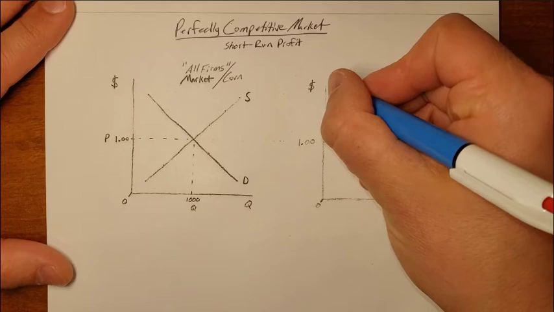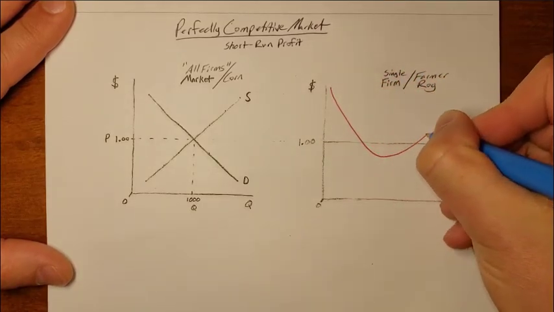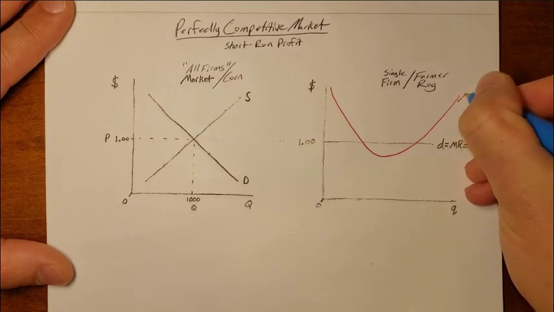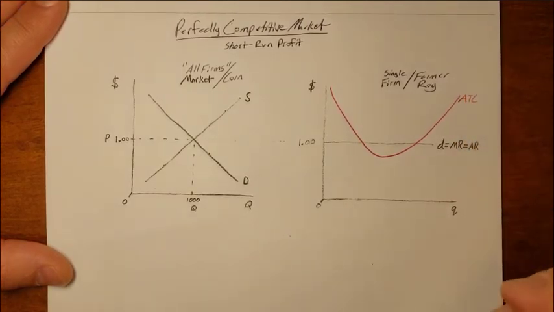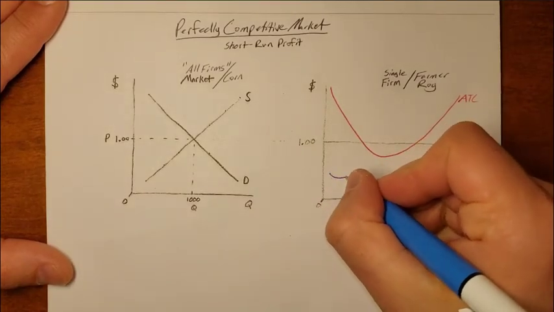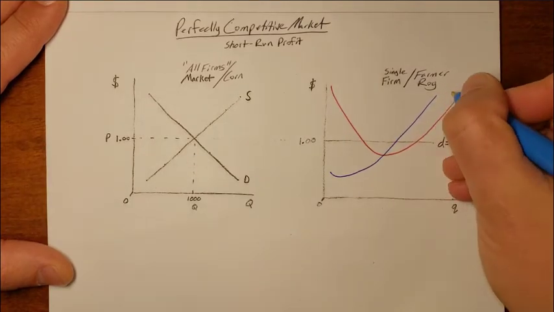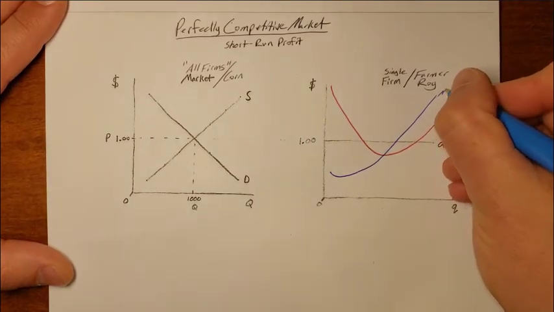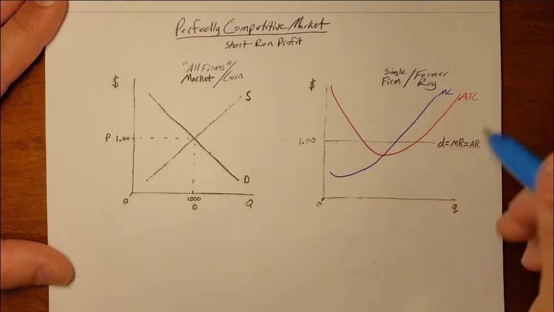But in this case, the average total cost for Farmer Roy was in a slightly different spot, and Farmer Roy was producing in a slightly different place because of his lower costs. Let's say his marginal costs are here, and we'll stick with our old number of 100.